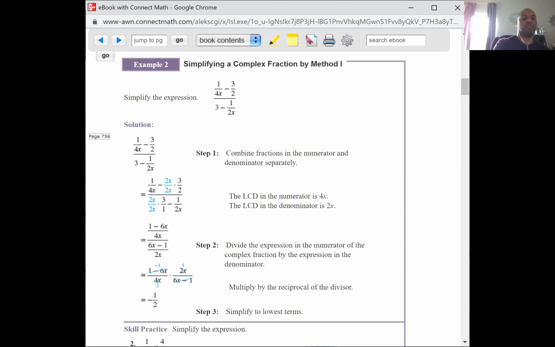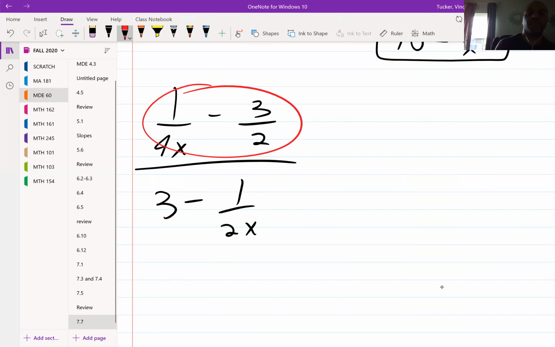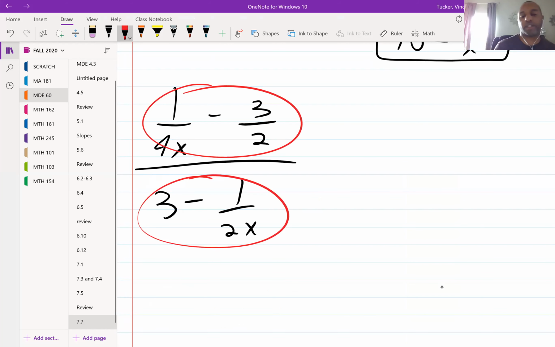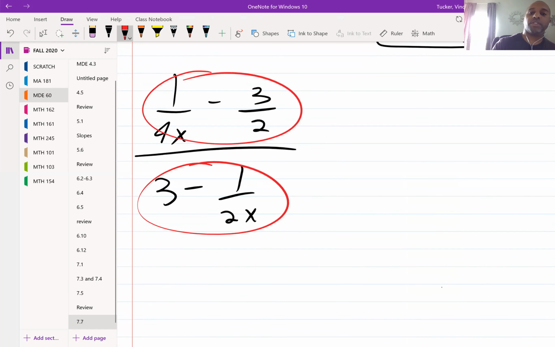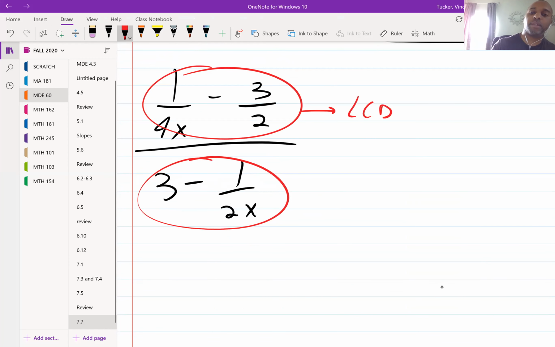I stopped right there. I was like, yo, I quit. It's not that bad if you think about it in terms of the old way you would do fractions. Basically, you're looking at this as one problem, and this as a second problem. First thing I look at is that the LCD of this problem is 4x.